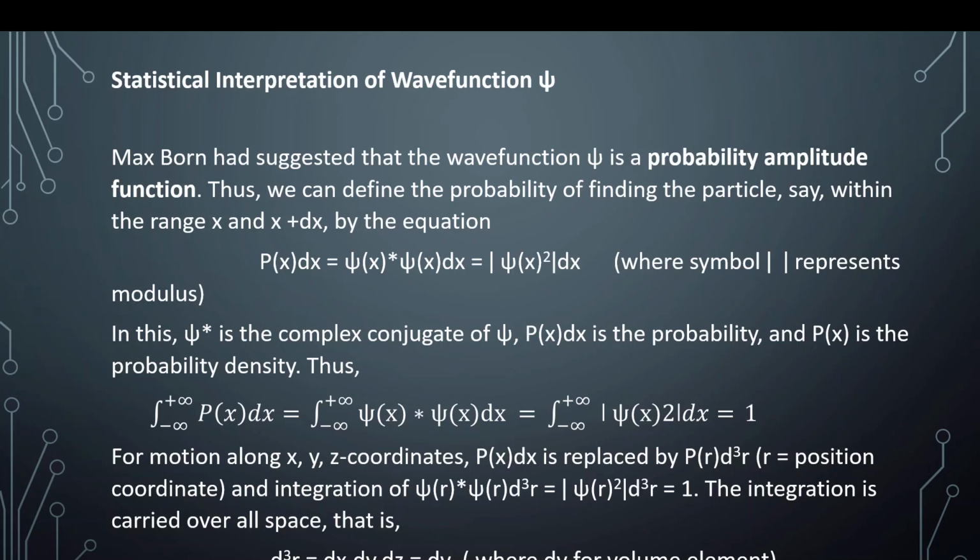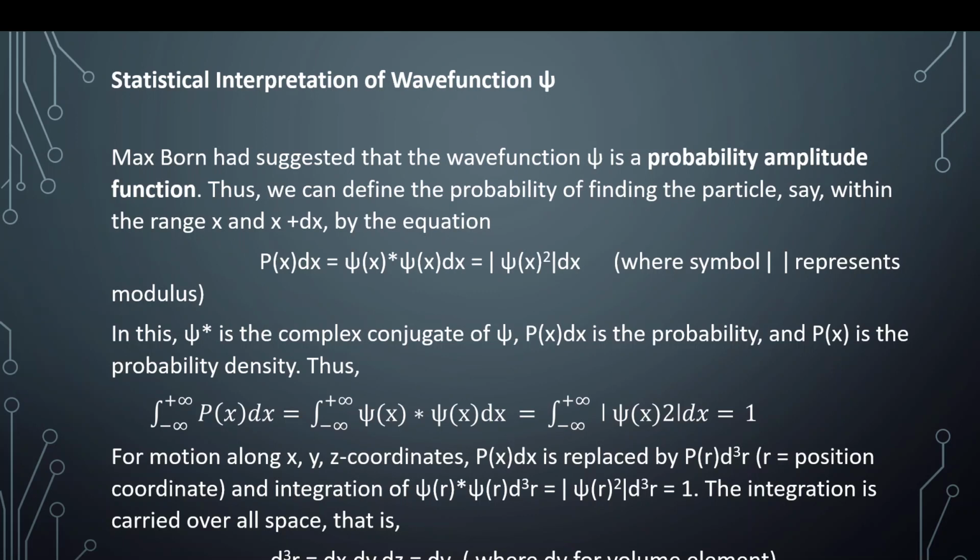The two vertical lines represent mod. In this, psi star is the complex conjugate of psi. P(x) dx is the probability and P(x) is the probability density.